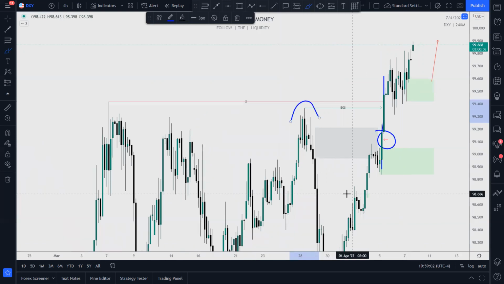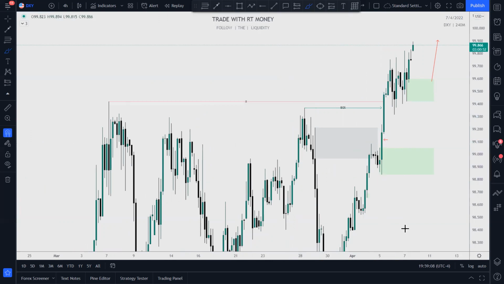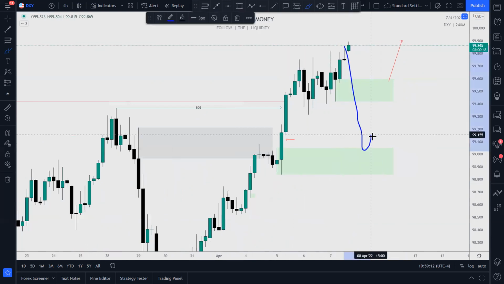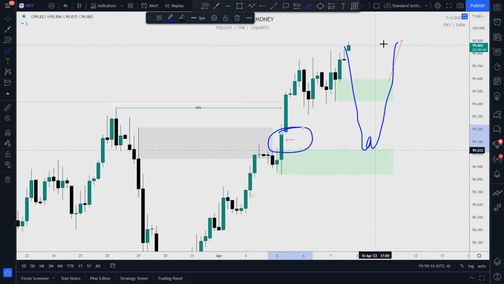When it breaks structure, this makes for a high probability long position if price comes back down here, fills in this gap, the fair value gap, and then takes off.